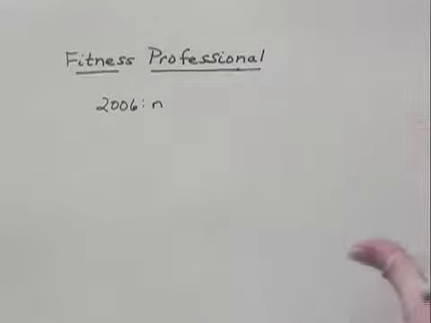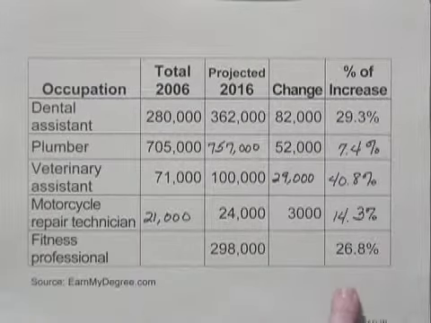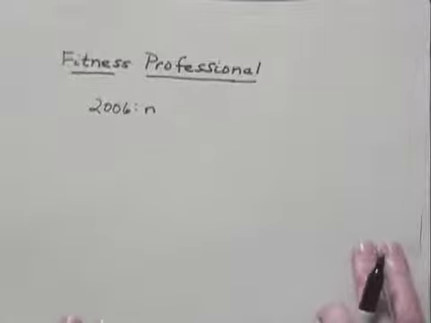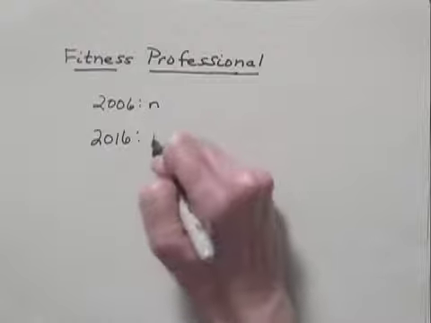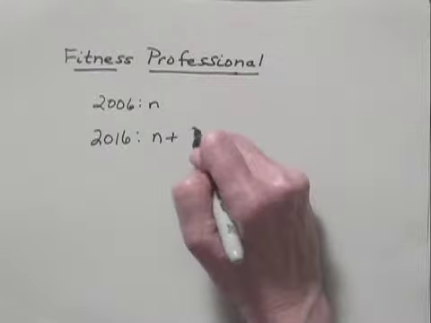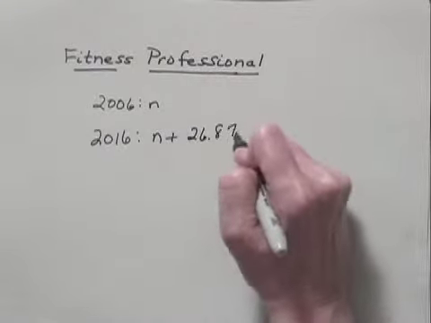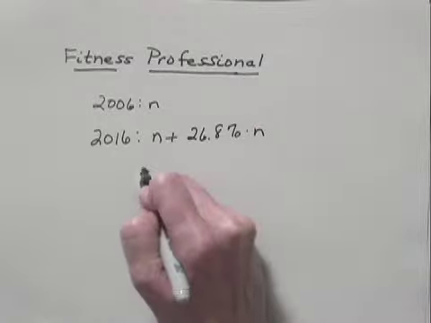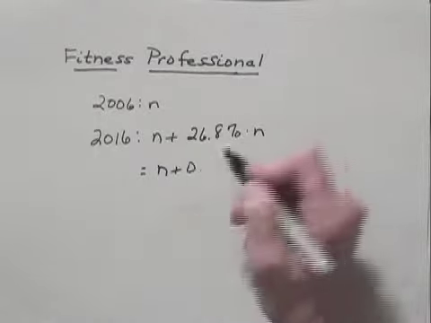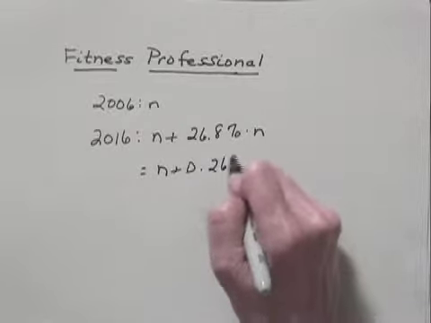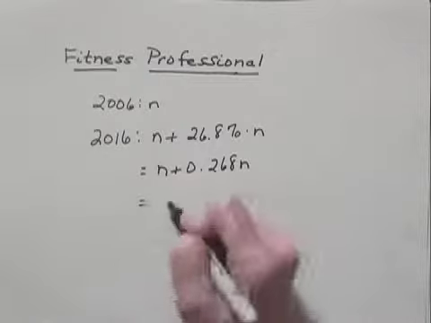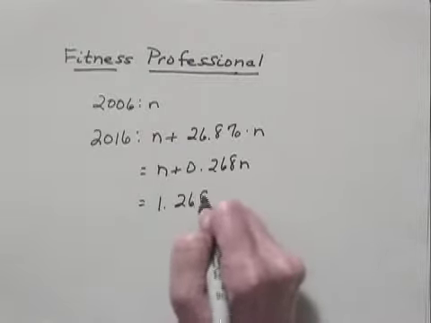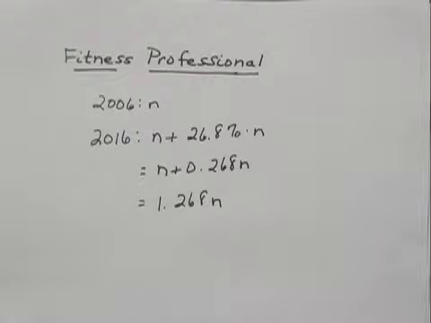If the number of jobs increases by 26.8%, then the number of jobs in 2016 will be N plus 26.8% times N, or N plus, writing decimal notation, 0.268N. This is 1N plus 0.268N, so I have 1.268N for the number of jobs in 2016.